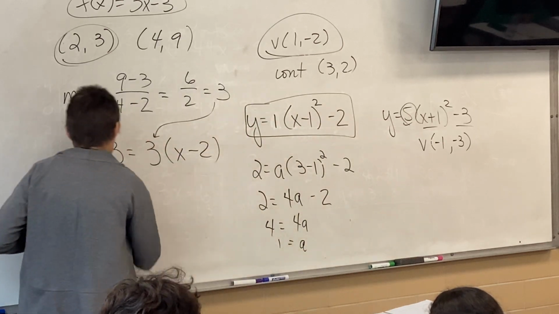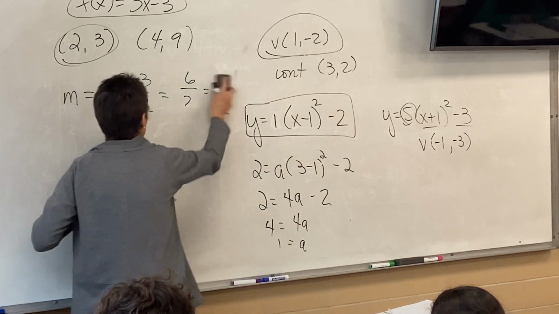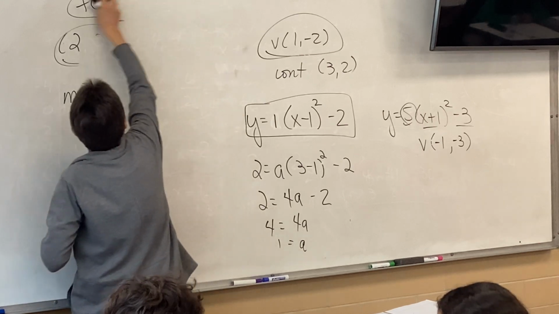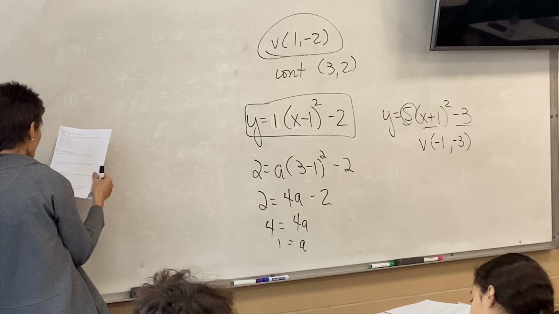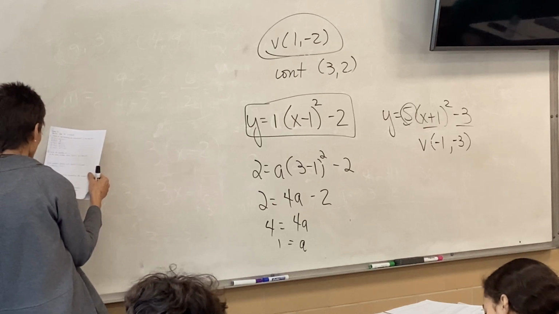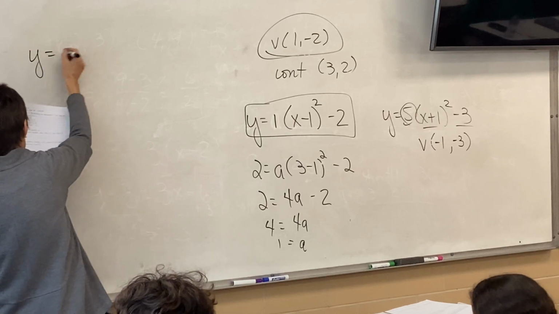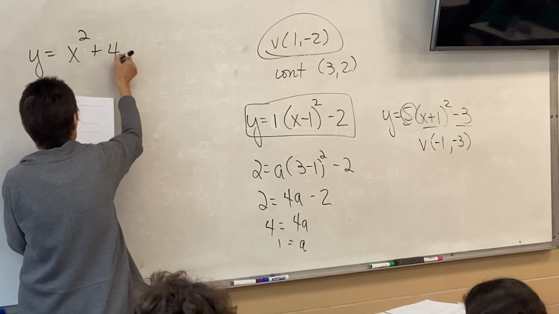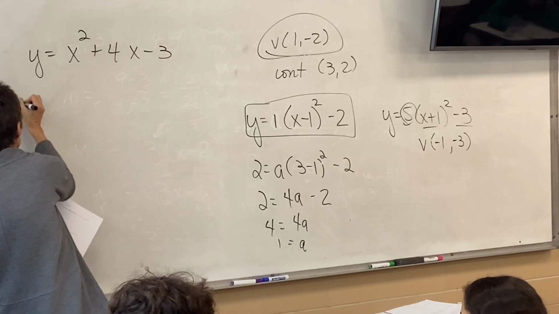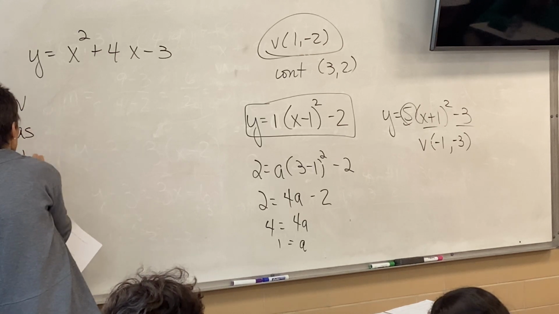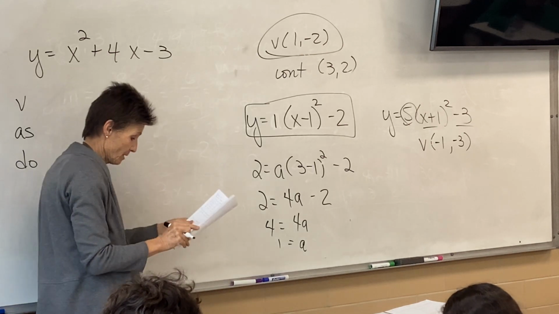Okay. So number 4. Find the vertex, axis of symmetry, and direction of opening. So we're going to find the vertex, axis of symmetry, and direction of opening for this problem.